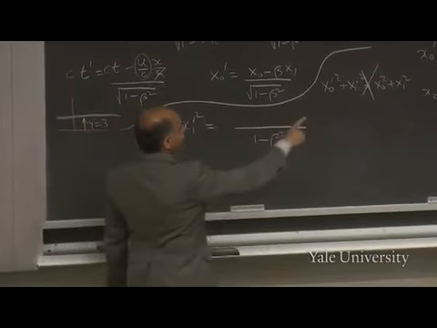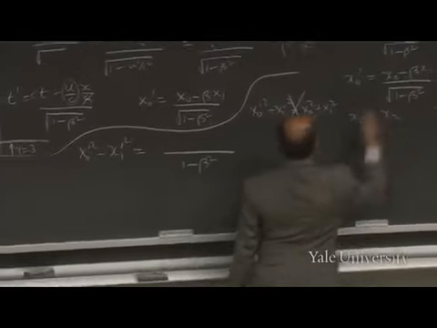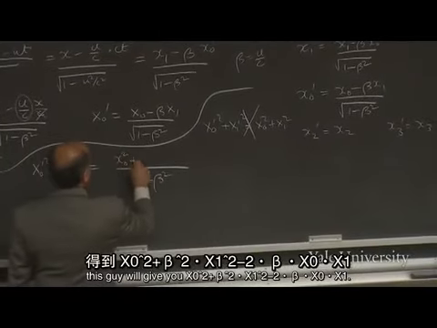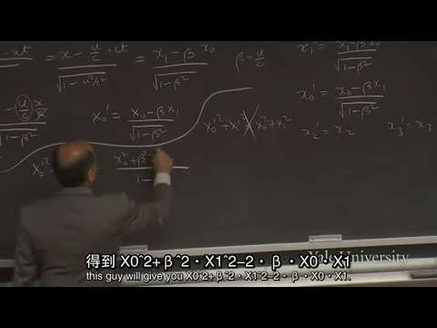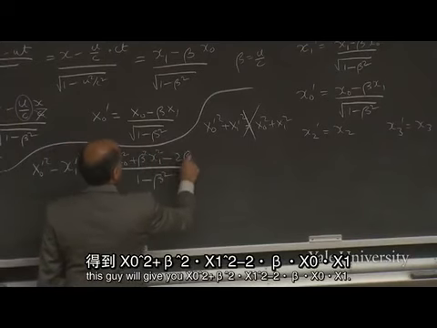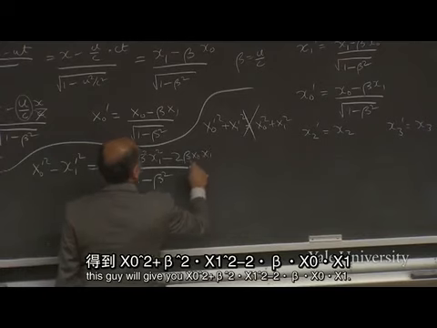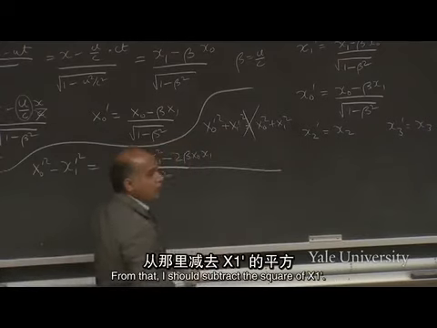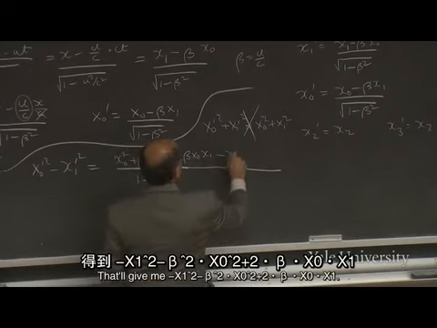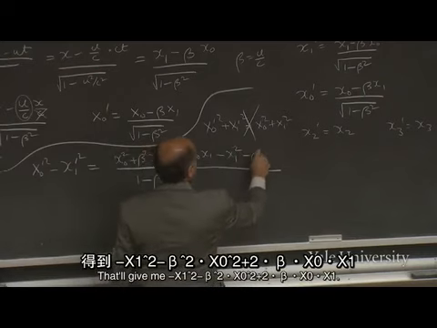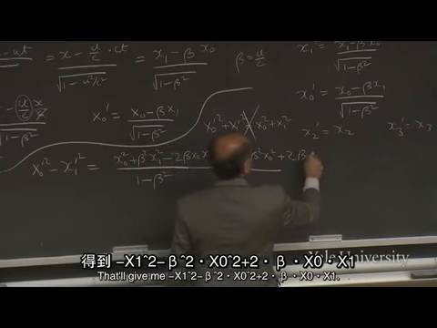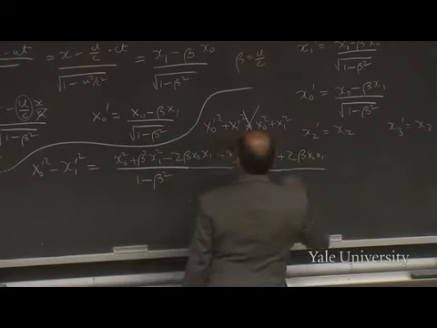How about upstairs? First you got to square this guy. This guy will give you x naught square plus beta square x1 square minus 2 beta x naught x1. From that I should subtract the square of x1 prime. That'll give me minus x1 square minus beta square x naught square plus twice beta x naught x1.